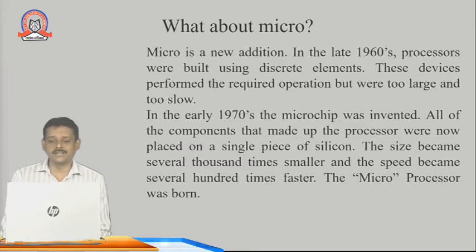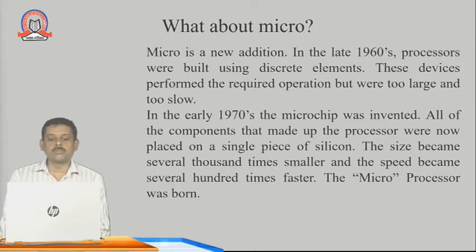In the late 1960s, processors were built using discrete elements. These devices performed the required operations, but they were too large and too slow. So in the early 1970s, the microchip was invented, a very small chip to process this kind of task.